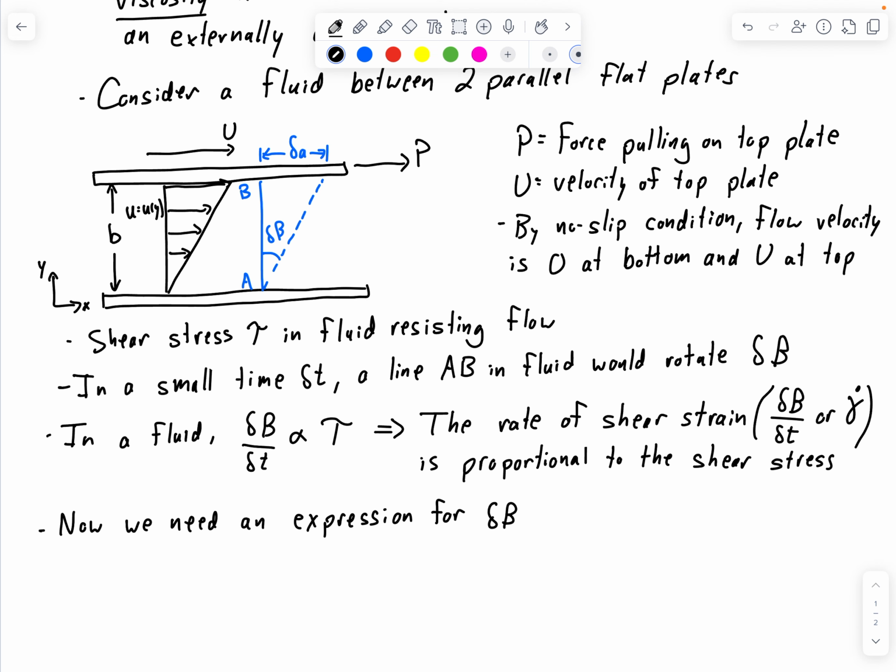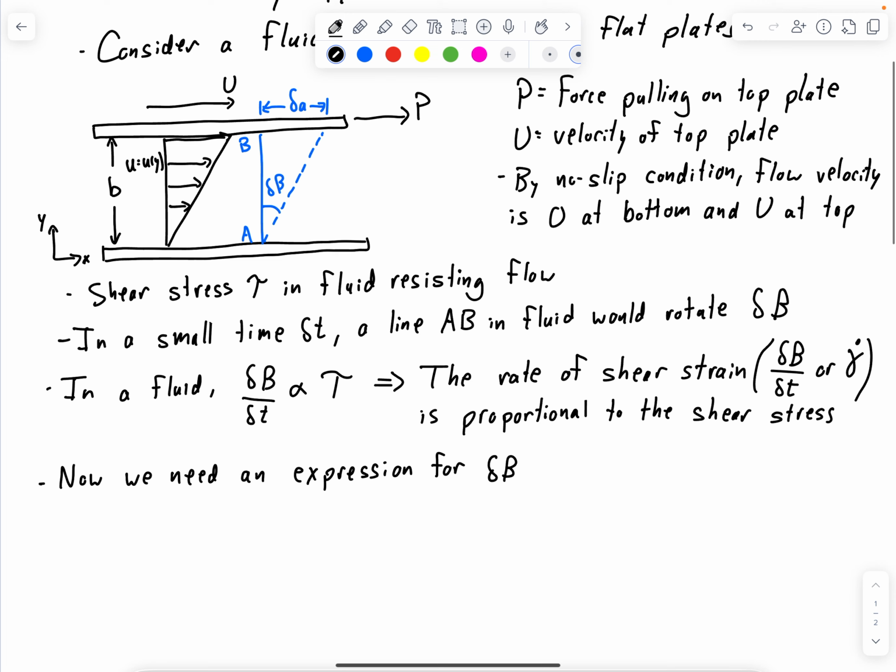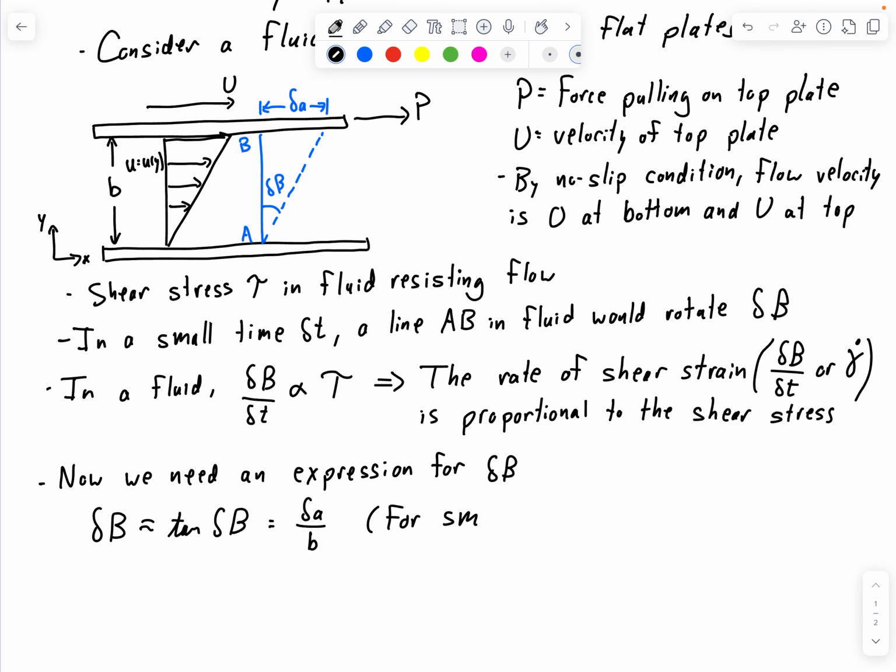If we look at delta beta, we can see that it's this angle, and if we assume that it's quite small, then delta beta is approximately equal to the tangent of delta beta. Again, this is for a very small angle, and we know the tangent of an angle is equal to opposite over adjacent. Here the opposite is delta A, and the adjacent is the distance between the two plates, which is b. Again, this is a valid approximation for small angles.